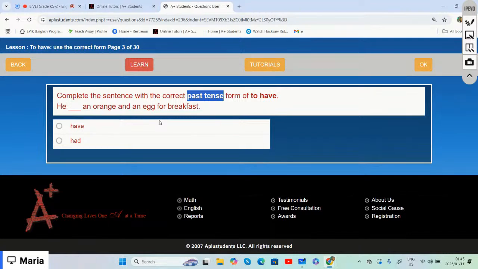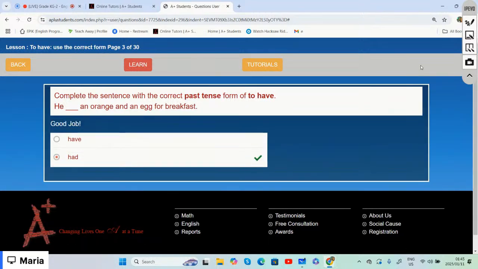And if we were to choose the correct option, we will say he had, because it's in the past. He had an orange and an egg for breakfast because it's in the past tense.